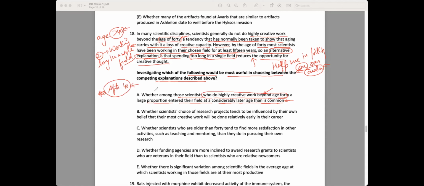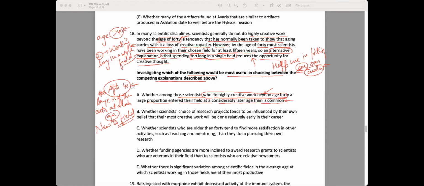If we see those scientists, do we have a large percentage of those entering the field at a later age? That means they were comparatively new to that field, new to that particular field.